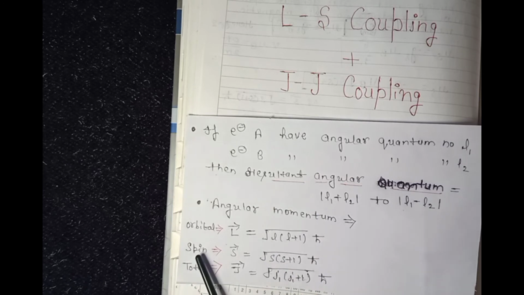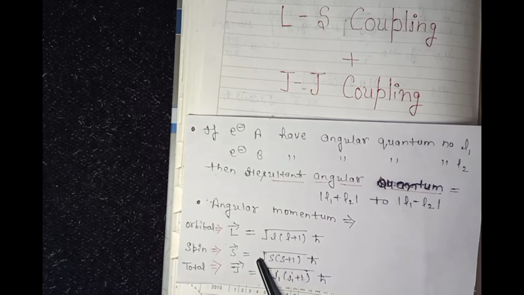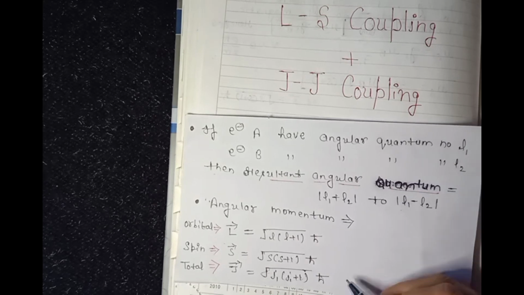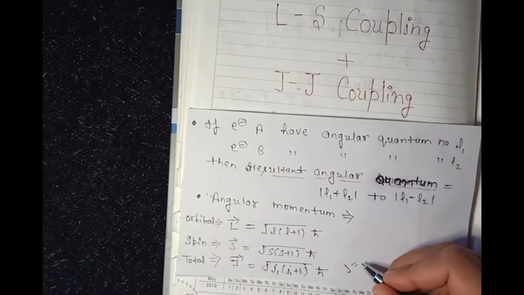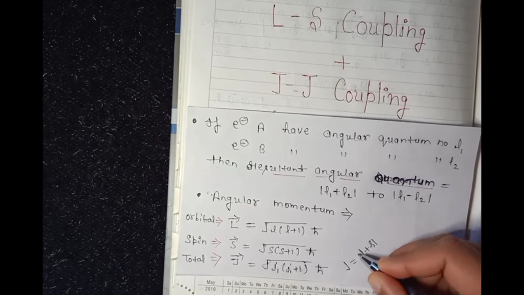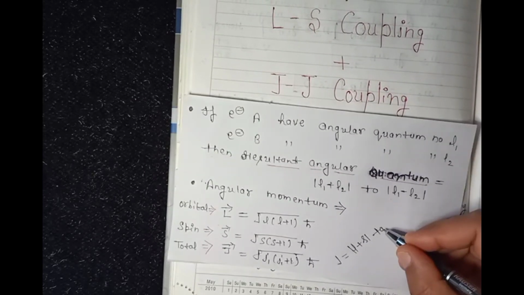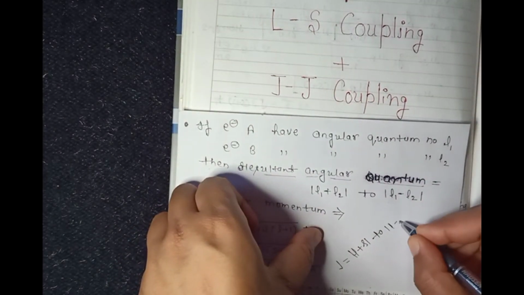Now if we are talking about spin angular momentum, then it is written as capital S, and it depends on spin quantum number: square root of s(s+1) h bar. Now if we are talking about resultant angular momentum, then its value is equal to the square root of j(j+1) h bar, where j is l plus s to l minus s.